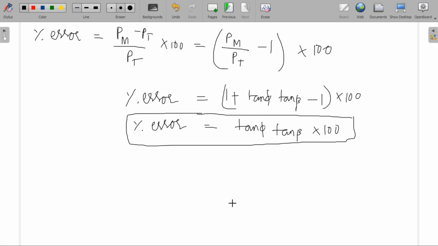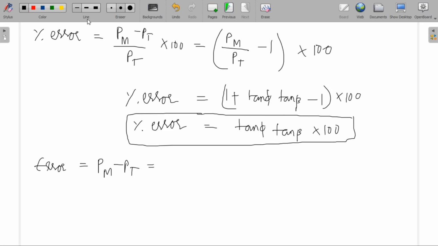Now what will be the error? Error is equal to measured value minus true value. What is the measured value?